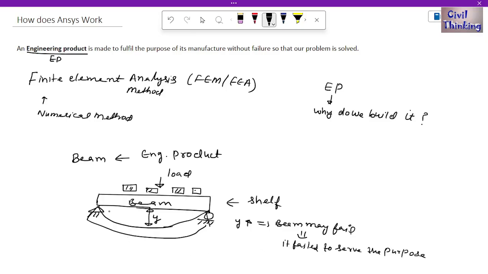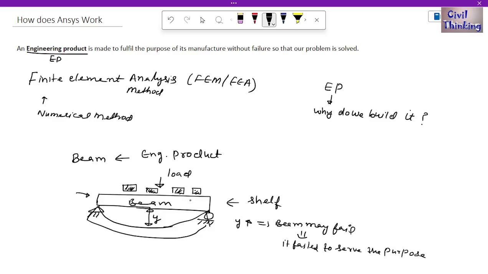Now maybe we told the construction company to build a beam in our home or in our office or wherever, because we needed this beam to carry the load of these items. For example, a bridge. Why do we build a bridge?